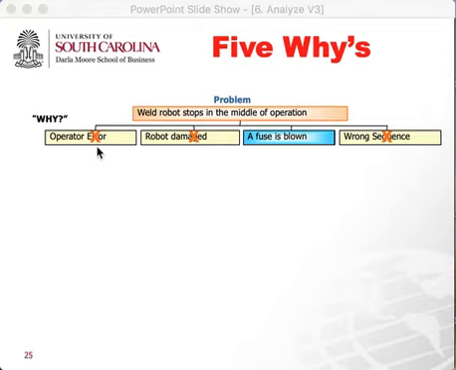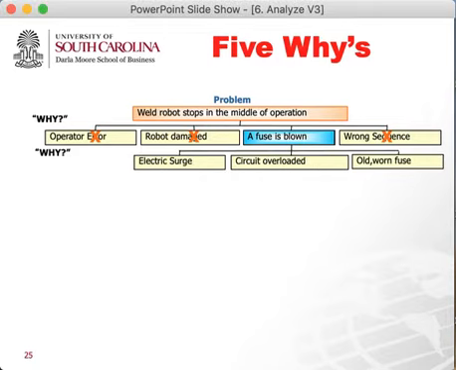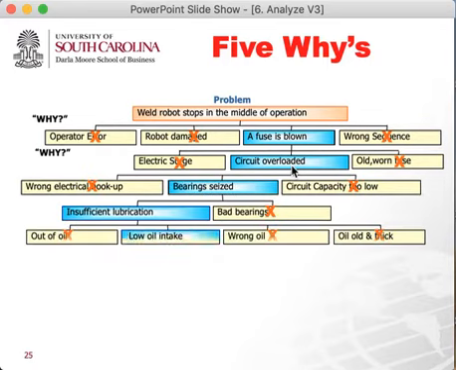It could be human error, robot damage, a fuse is blown, or wrong sequence. Then you have to investigate and find that actually it was the fuse that's blown. Why is the fuse blown? You can have three different things: an electric surge, circuit overload, or an old fuse. Then you have to find ways to disqualify the other ones or find out the real one. And that goes on and on.